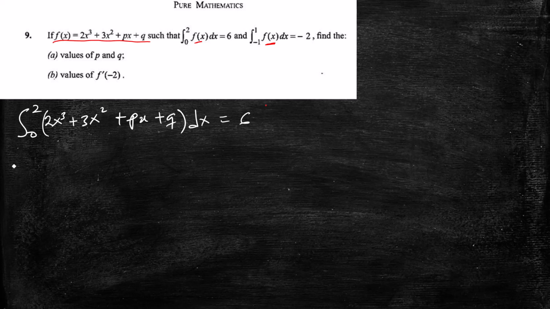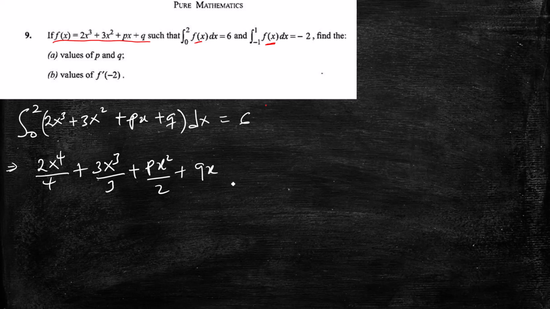So we have 2x to the power 4 over 4, plus 3x to the power 3 over 3, plus px squared over 2, plus qx.